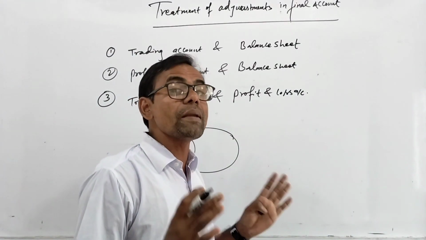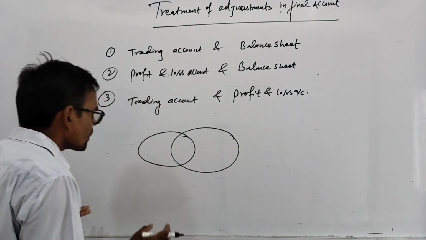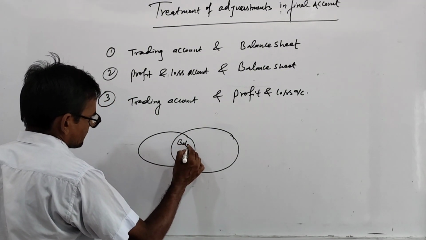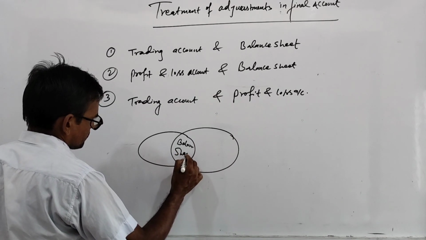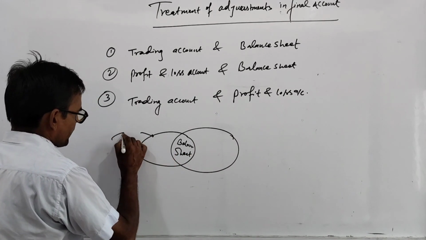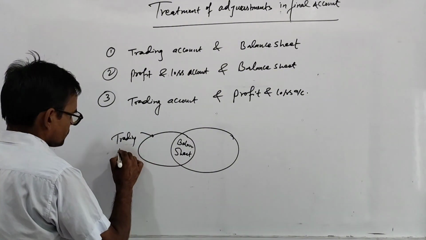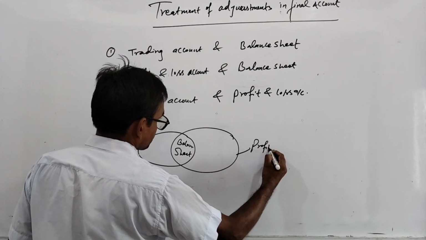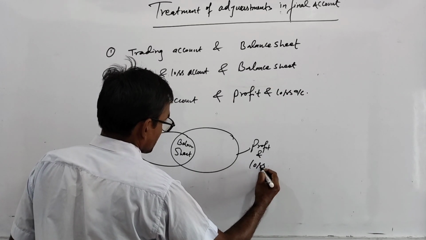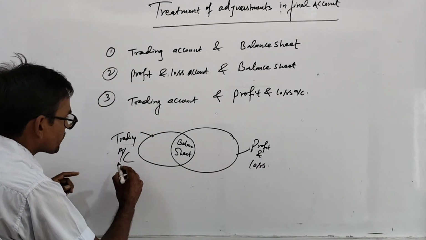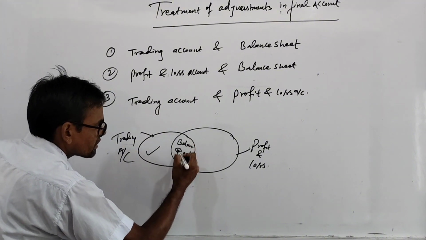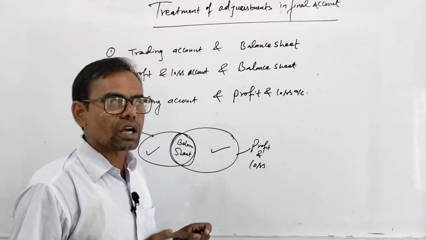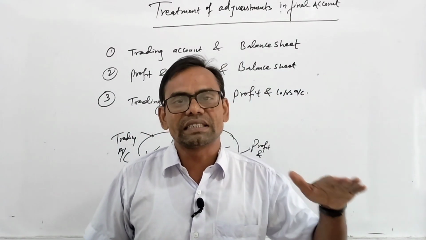I think more than 99% of adjustments are commonly recorded in the balance sheet. Either trading account or balance sheet, or either P&L account or balance sheet; the balance sheet is common in both conditions.